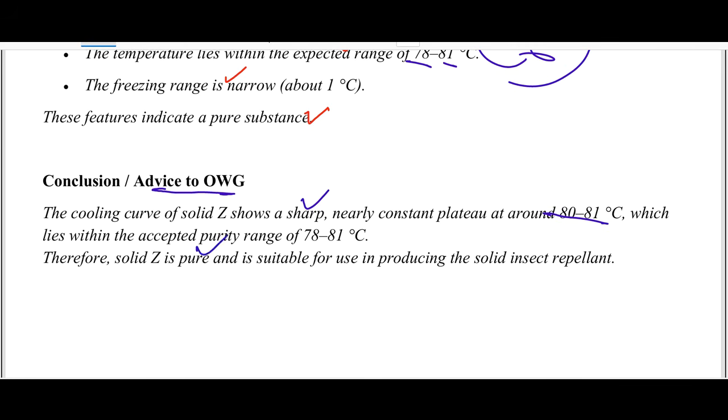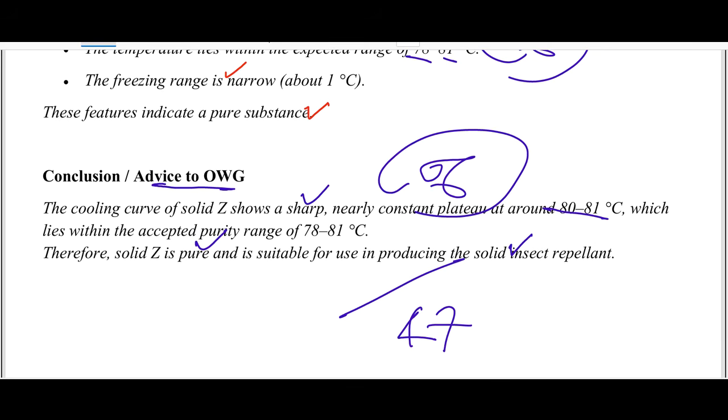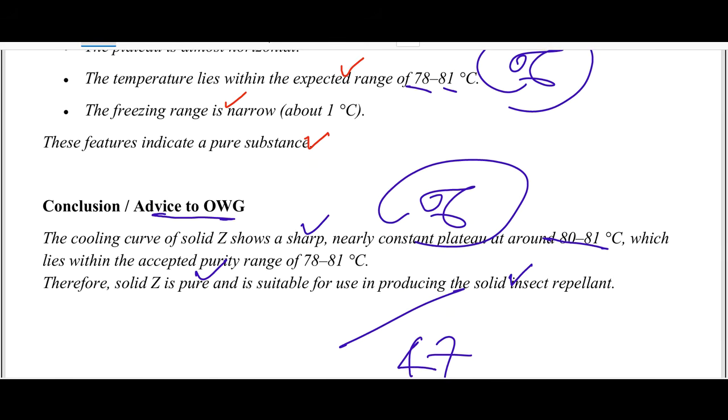Therefore, solid Z is pure and is suitable for use in producing the solid insect repellent. And here you also get the 6 scores. The total score is 47 for paper 2. That marks the end of our paper.